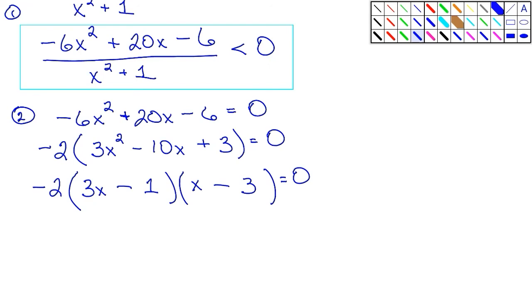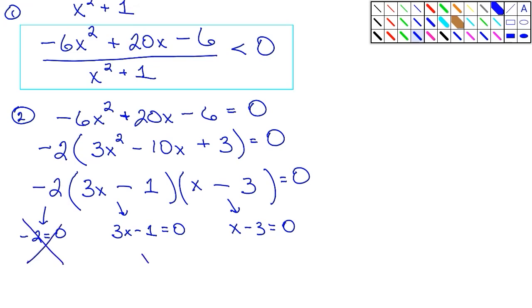Now I set each factor equal to 0 and solve for x. Well, there are no x's in the first one, so there's no solutions there. But in this middle one, I get x is equal to 1/3. And in the last one, I get x is equal to 3.